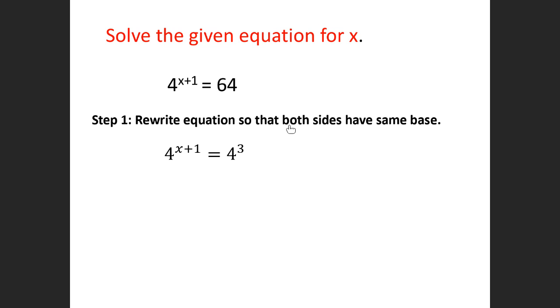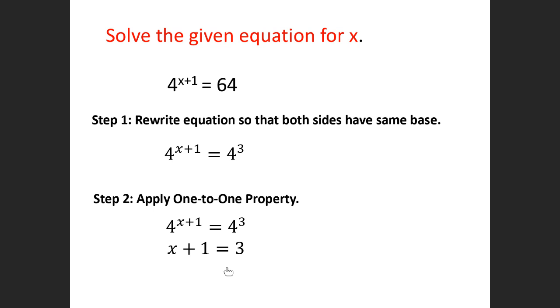Now I can apply my one-to-one property. For these two expressions to be equal to each other, their exponents also have to be equal to each other. So I'm going to set the exponents equal to each other. I have x plus 1, the exponent from the first side, equal to the exponent of the other side of the equation.